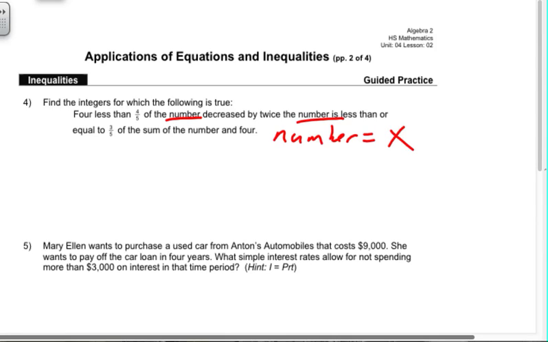So what we need to do here then is come back in and start setting this thing up. And this is basically just a straight translation problem.